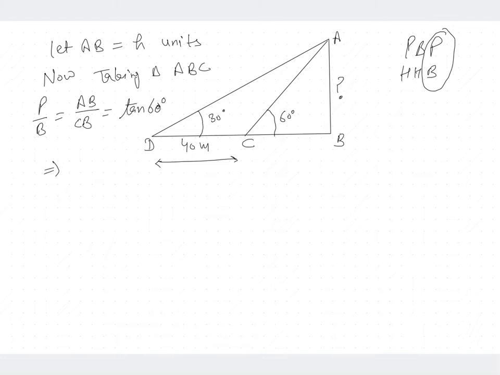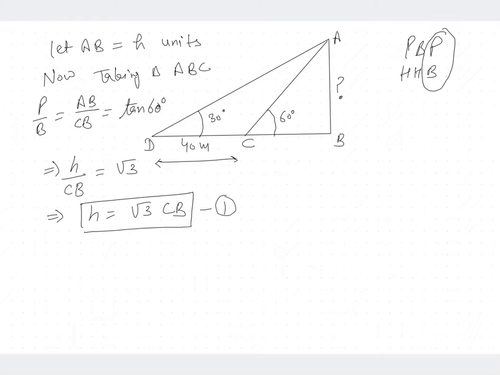So from here we come to know AB is equal to H, CB is not given. So tangent 60 degree is what? Tangent 60 degree is root 3. From here it implies H is equal to root 3 CB. So this is our equation number 1.